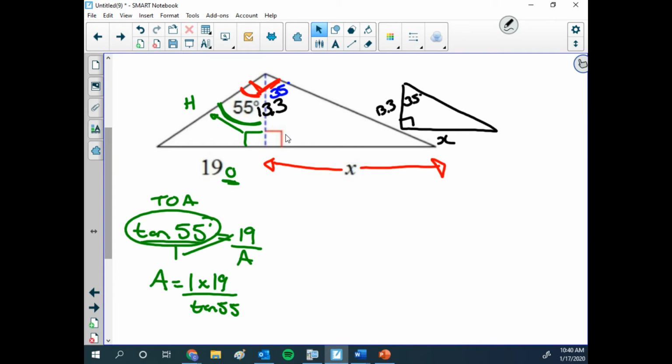So I'll label my triangle. This is H. The X would be labeled as the opposite, and here's the adjacent. So once again, I have O. I'm looking for A. I'm going to use TOA. So use tan. So tan of 35 degrees equals O, which is X, over A, which is 13.3.